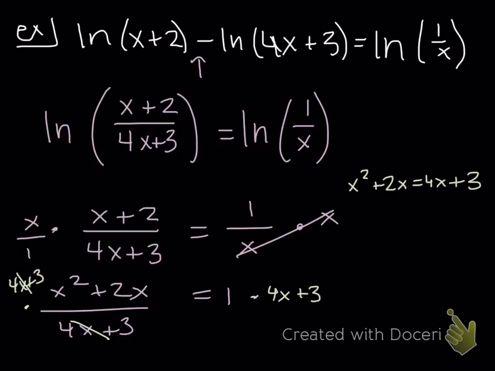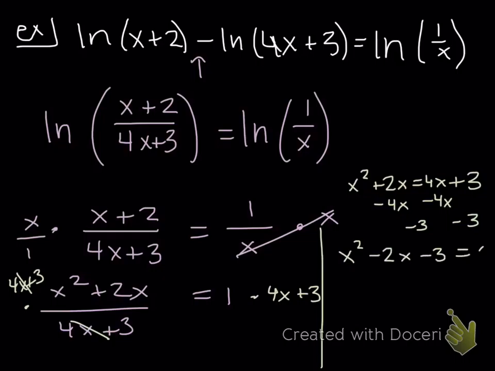Now this is a problem that is squared, and when it's squared that means I have to factor. So in order to factor I need this equal to 0. So I'm going to subtract 4x over, and I'm subtracting 3 over. So I'm dealing with x squared minus 2x minus 3. And because the leading coefficient is 1, I don't really need to do the whole process of factoring.